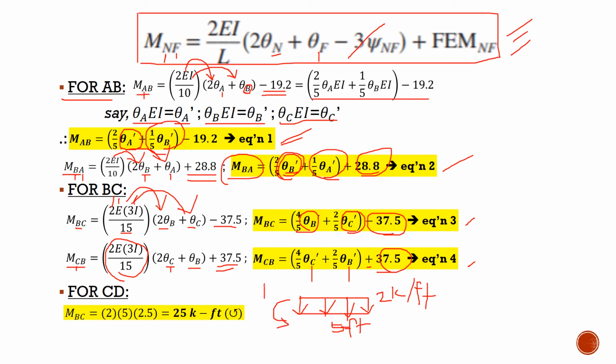So for moment CD, by statics, you have the 2 load, times 5, times the moment arm. So you will get 25 kip-feet.